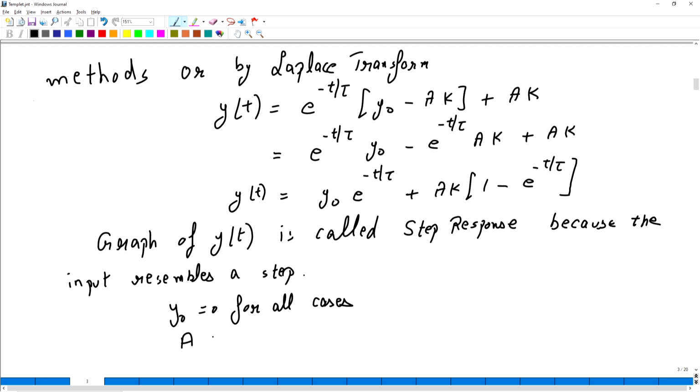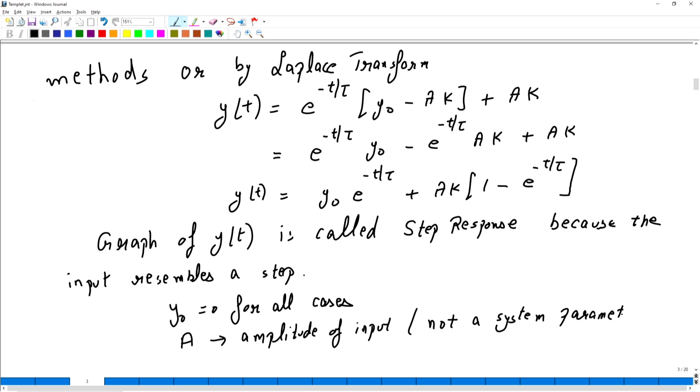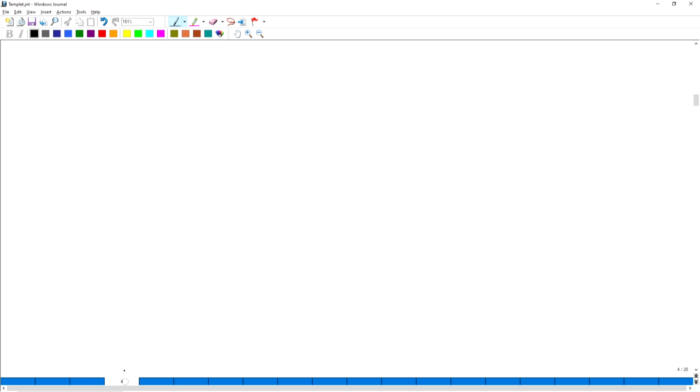Here A represents the amplitude of the input, which is not a system parameter. K and tau are actually system parameters. That is, they are a function of a naught and b naught.